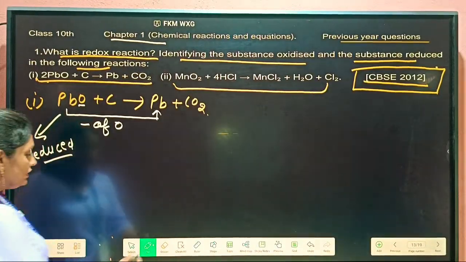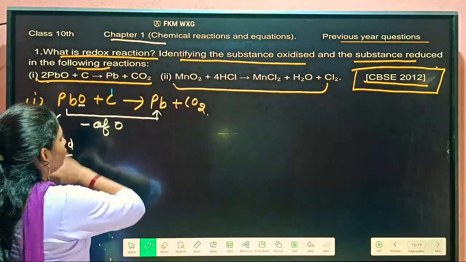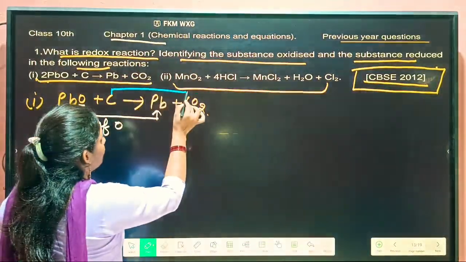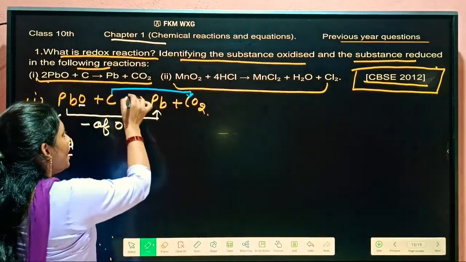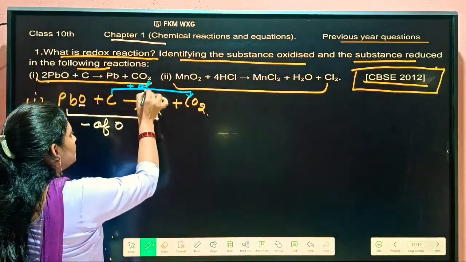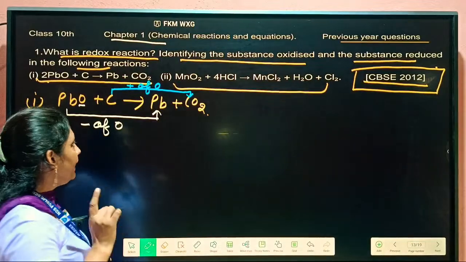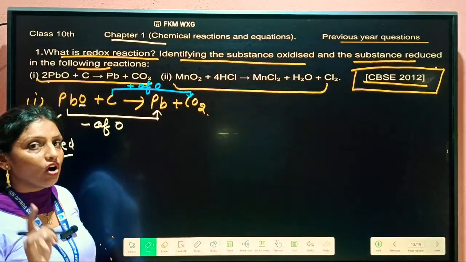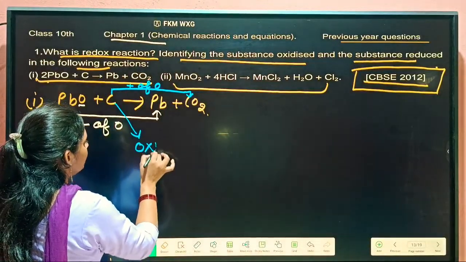And here you can see carbon is converting into CO2, carbon dioxide, which means addition of oxygen is taking place, and addition of oxygen is known as oxidation. So this substance is oxidized.